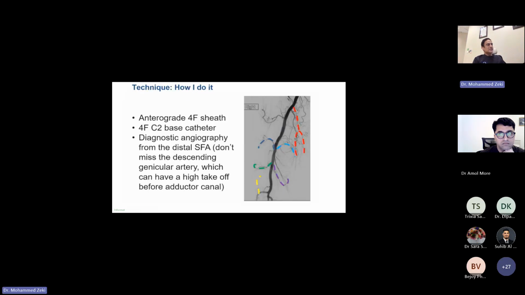So this is a diagram, actually, of an angiogram. What you see here is contrast in the popliteal artery and distal SFA. And these are the arteries which we call genicular arteries. Some of them are above the knee joint and some of them below the knee joint.